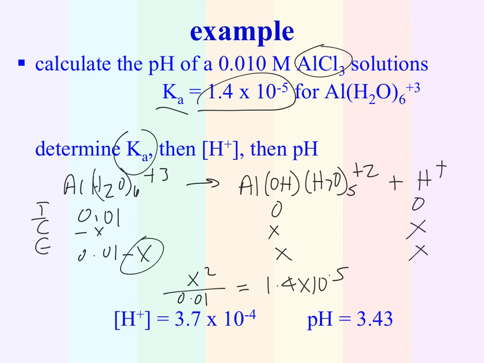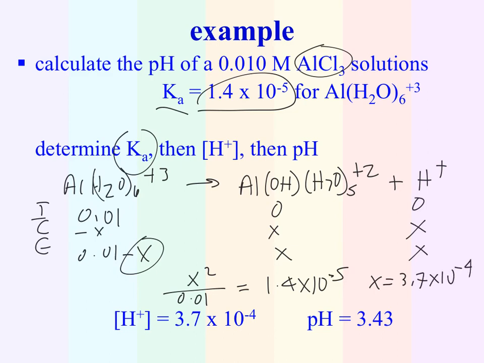We're assuming that it's going to be much smaller than the initial concentration, with less than 3% error to actually make this assumption. That way we don't have to do the quadratic equation. So that assumption subsequently gives us an x value equal to 3.7 times 10 to the negative 4th.